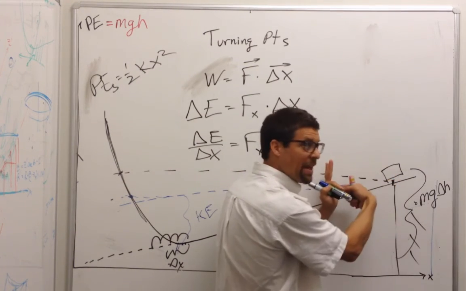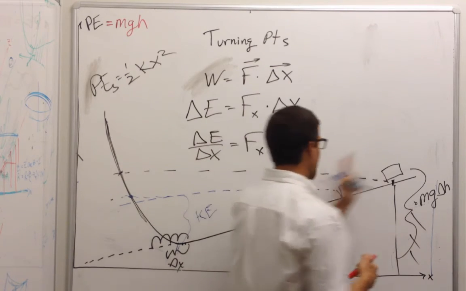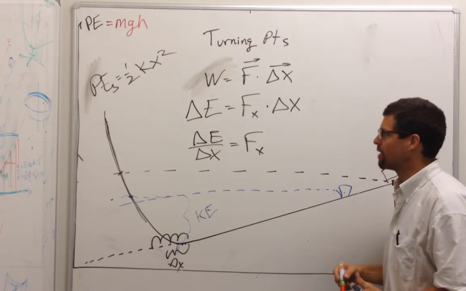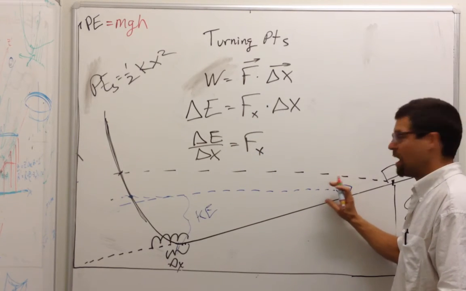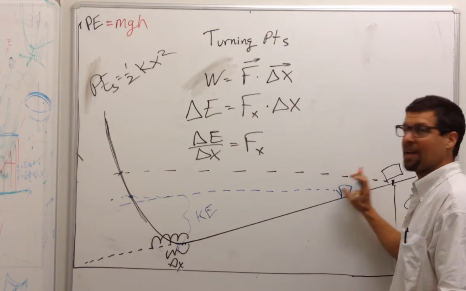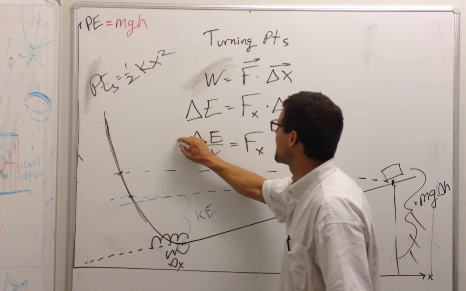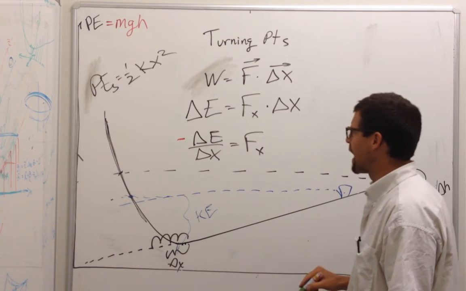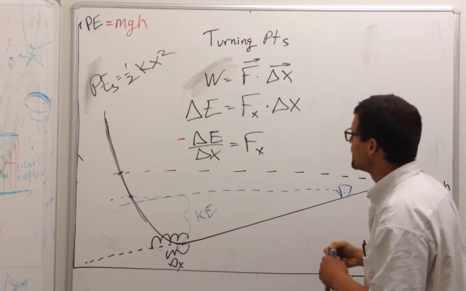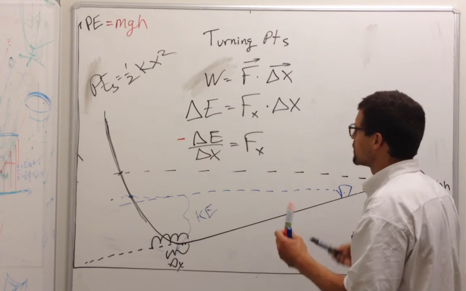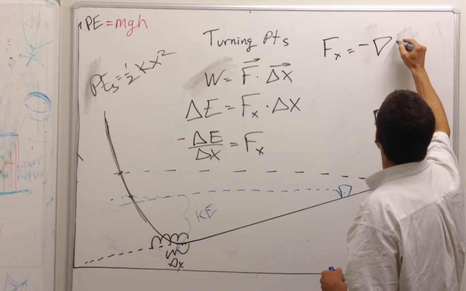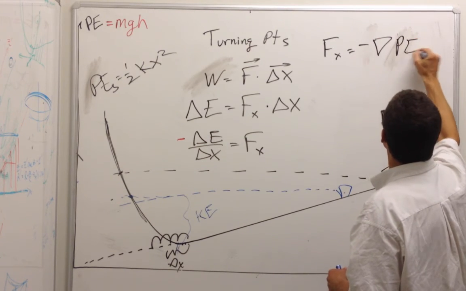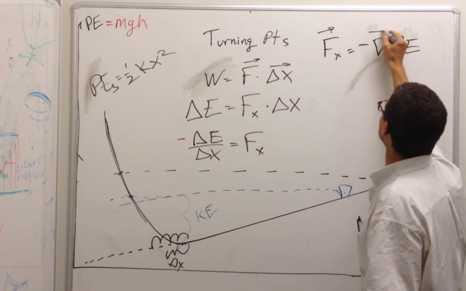The force that the potential puts on me is equal to the opposite of the force that I put on the potential. If that's the force that I have to put on the object to keep it in the potential, then the force that the potential is putting on me is in the opposite direction. And so what we say is that the force provided by the potential is equal to the negative gradient of the potential energy. This is a vector, and this is a vector.